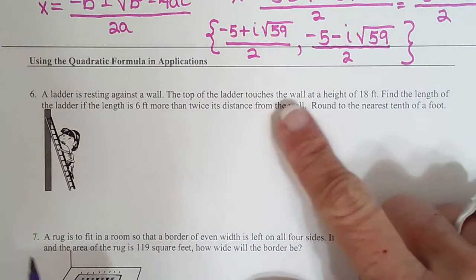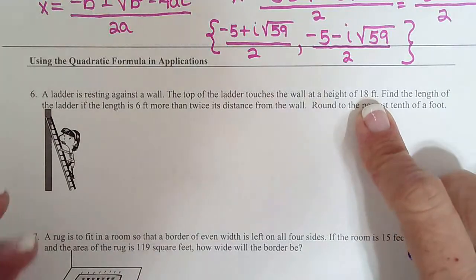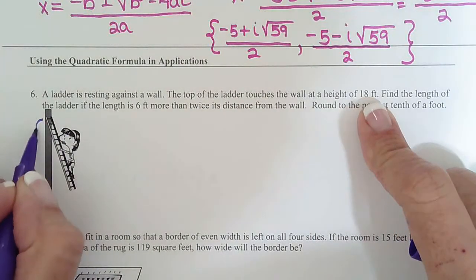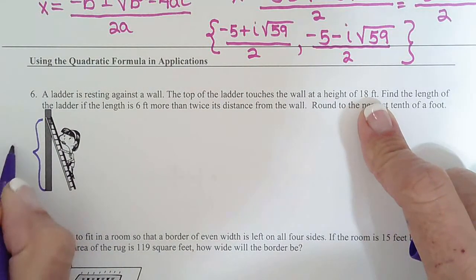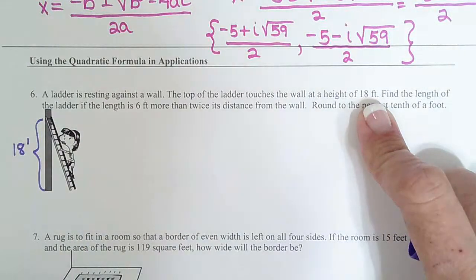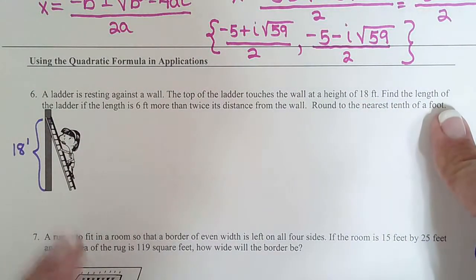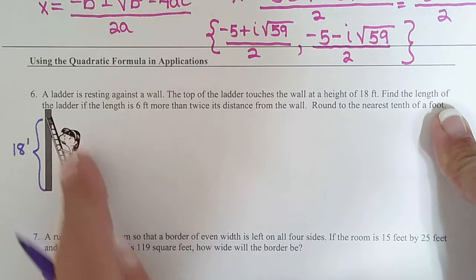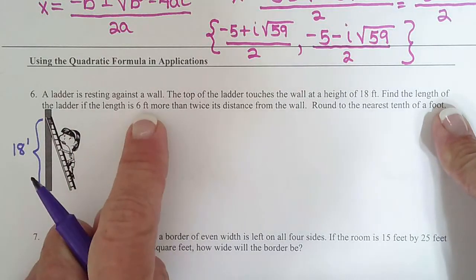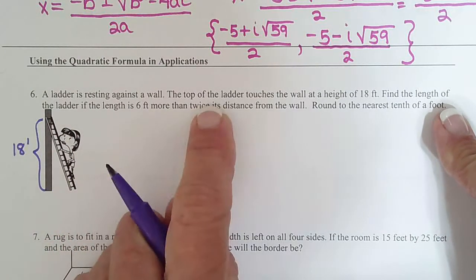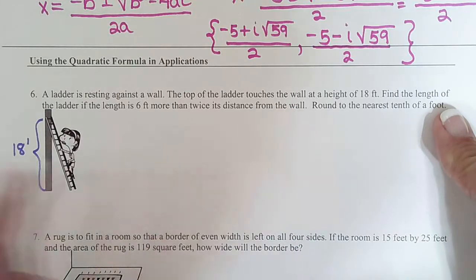The top of the ladder touches the wall at a height of 18 feet. So right here, this is 18 feet. Find the length of the ladder. So we're trying to find this. If the length is 6 feet more than twice its distance from the wall. So here's the distance from the wall.